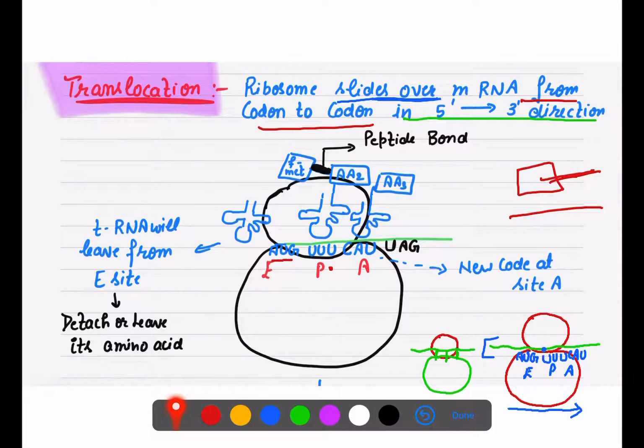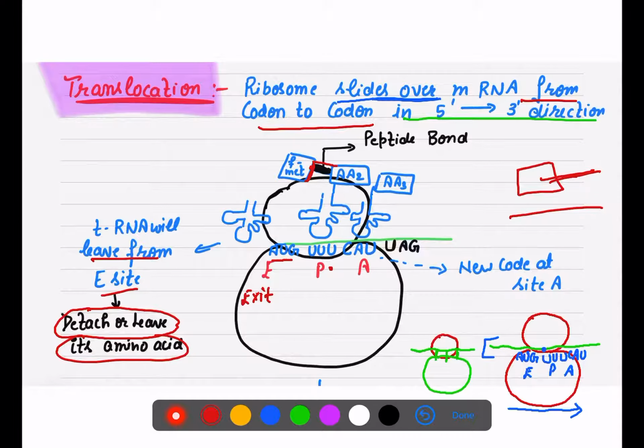The moment any tRNA reaches the E site, it is known as the exit site. Now the tRNA will leave the exit site, but it will not carry the amino acid. The tRNA will leave its amino acid, and this amino acid can now form a bond with the other amino acid. Clear?